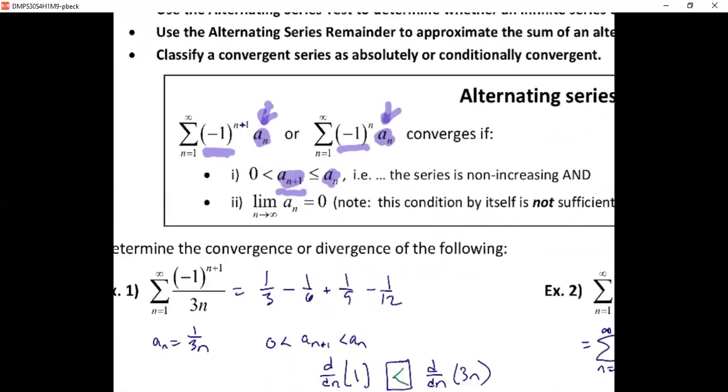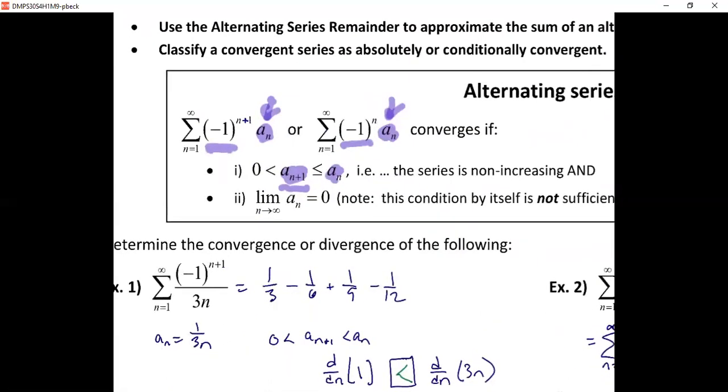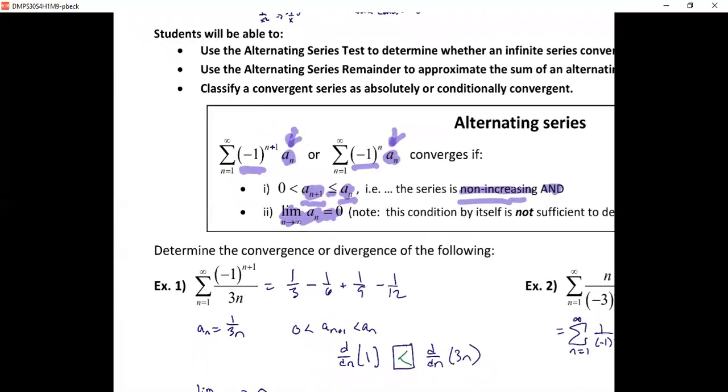If each successive term is less than or equal to the previous term, which means the sequence is non-increasing, and the limit approaches 0, then we can say by the alternating series test that the sum is going to converge as well.